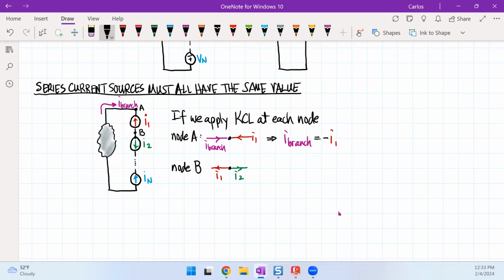So again, this tells us that I1 must equal the negative of I2. But wait a minute, I1 is the same as minus I branch. So that immediately tells us that I branch must be the same as I2.